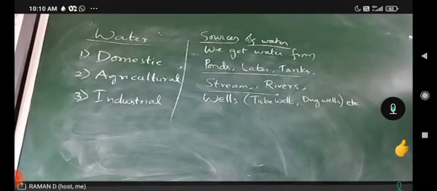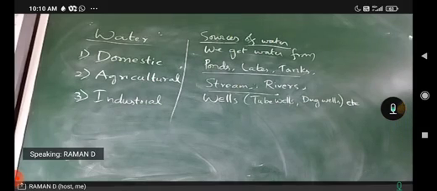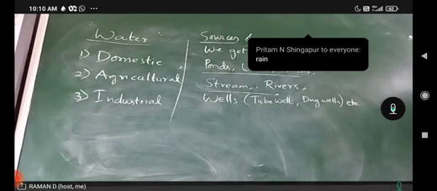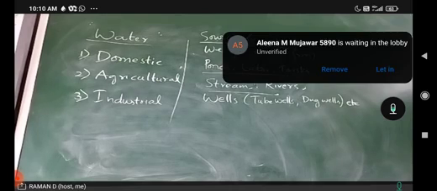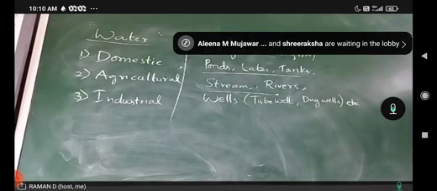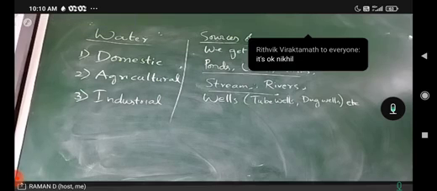Where does the water come from to fill the ponds, lakes, rivers, wells? Okay, so for this we need to learn the water cycle. Before learning the water cycle, we need to learn about the oceans, and the role that oceans play in the water cycle. Just let us see.